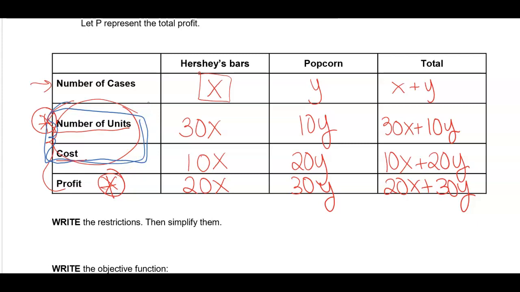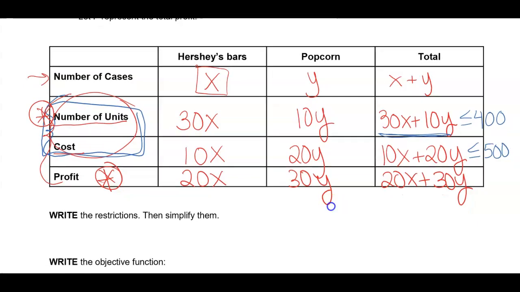And the restriction specifically said you can't go over 400 units. So that means this total that you wrote right here has to be less than or equal to 400. And then the restriction on our cost was that we couldn't spend more than $500. So those are our restrictions.